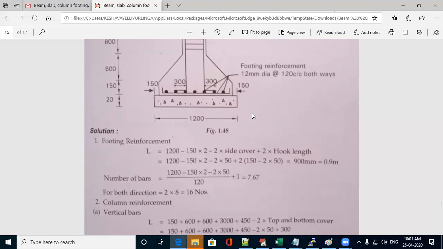And again, two covers you have to leave, 50 and 50, assuming the cover to be 50, plus two hook lengths. These are the hooks. Since it is not given, we can assume that to be 50. This is an assumption.